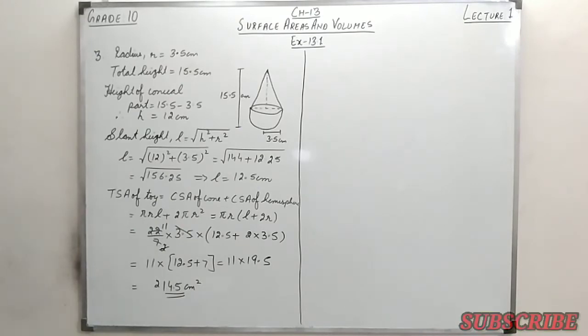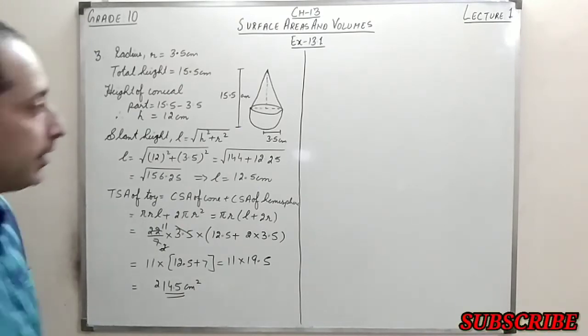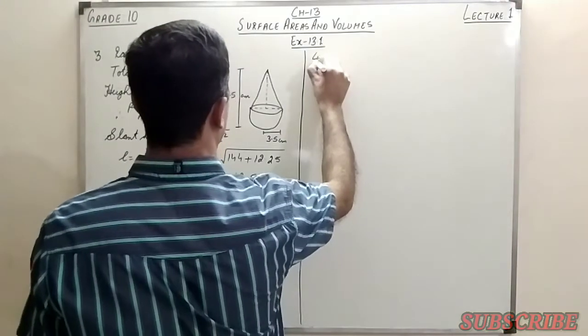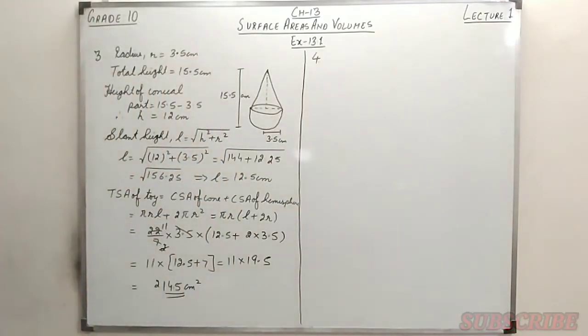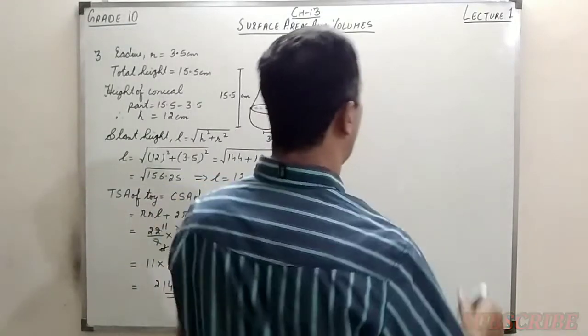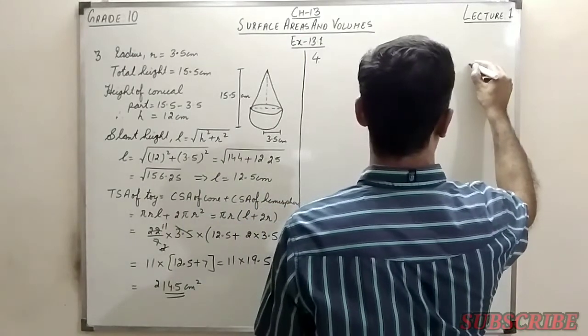Let's go to the next question. Question number 4. Now in question number 4 it is given a cubical block of size 7 cm is surmounted by a hemisphere. So now what we have, a cubical block, let's draw a cube first.